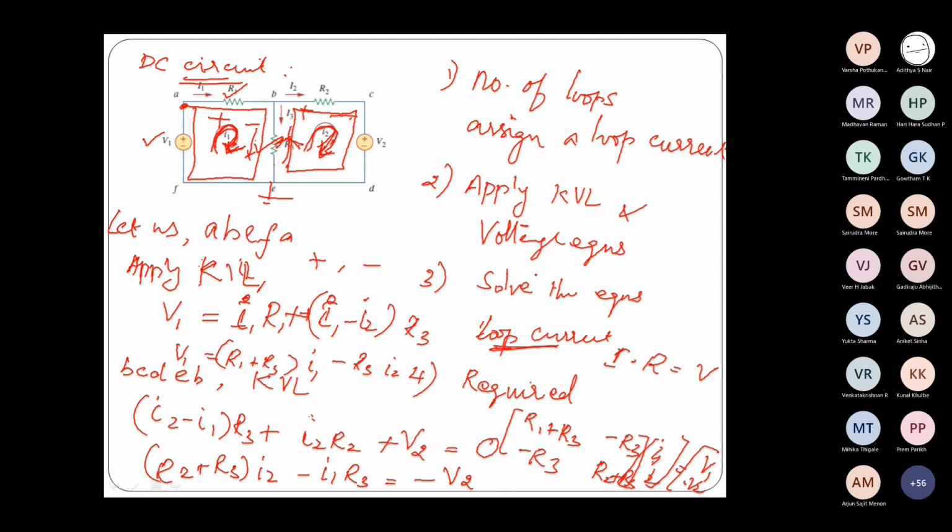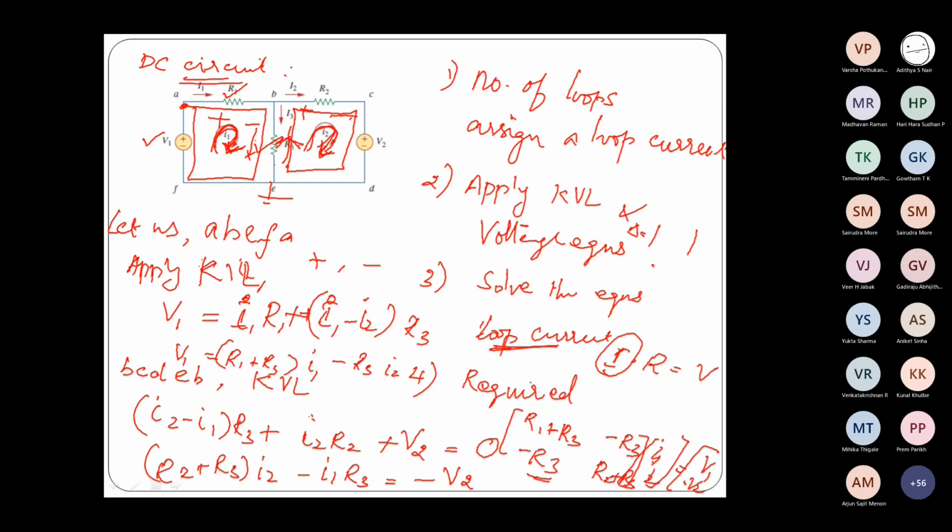Okay, so now you all might have studied Cramer's rule, right? My aim is to find the I matrix. I have to find the unknown loop currents I1 and I2. So find the determinant of this R matrix, del.